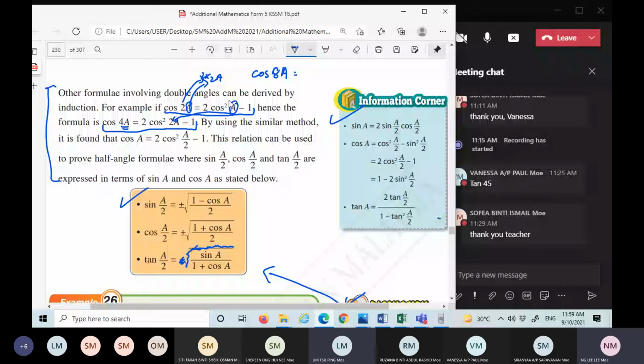Another way of seeing it, yeah? Is it 4 cos 2a? 4 times cos 2a? No. No.